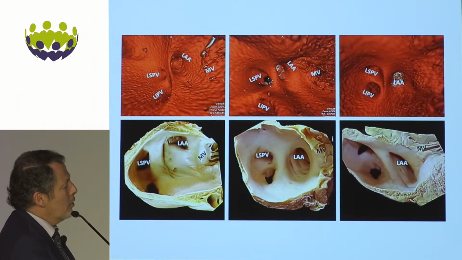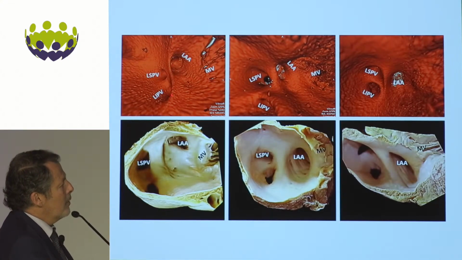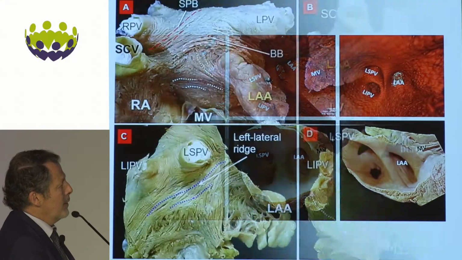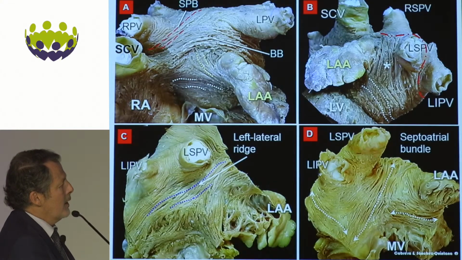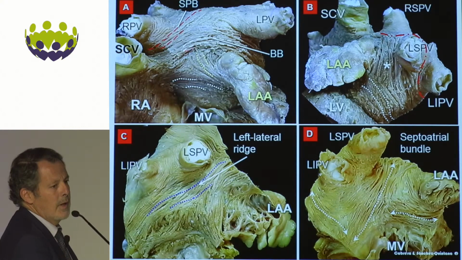Therefore, the variable orientation of the left atrial appendage in relation with this anatomic fold of the left atrium, with this ridge, can also be an important anatomic determinant.